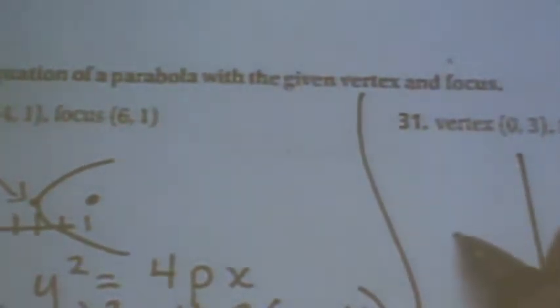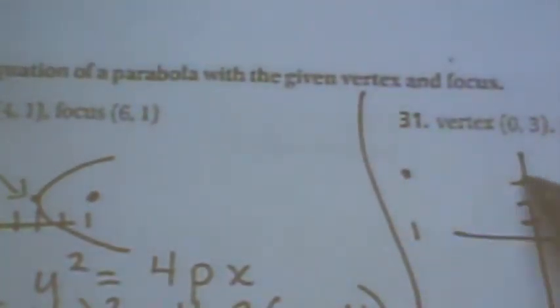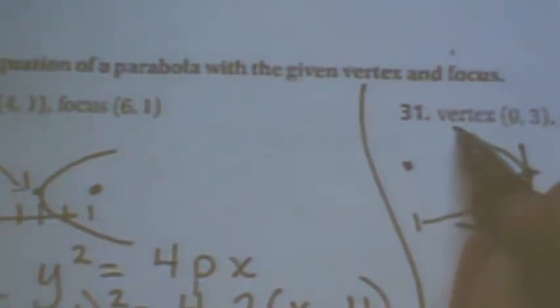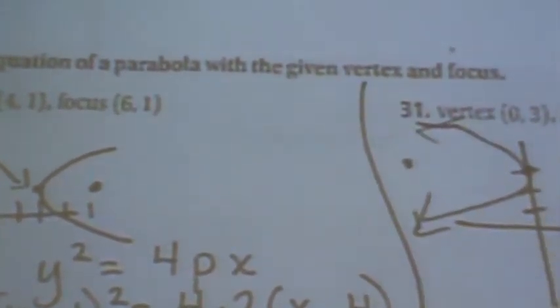Vertex is (0, 3). And (-8, 3) is your focus, so way out here. So this one's on its side. Do you agree? Yes. Okay. So what's the recipe here?